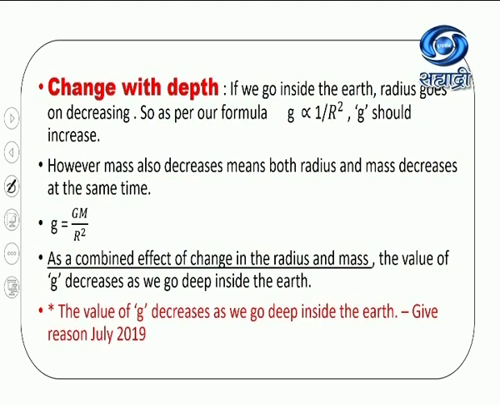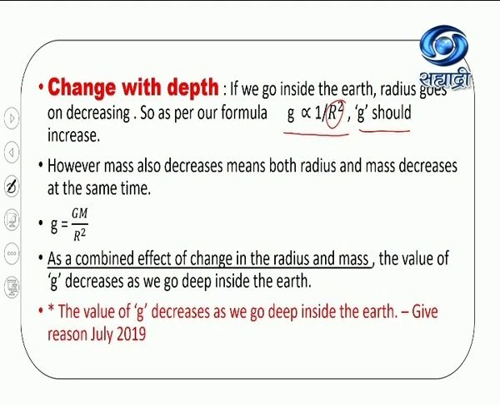Now, change with the depth. If we go inside the Earth, the radius goes on decreasing. So as per our formula, g is directly proportional to 1 upon R square, meaning inversely proportional to the square of the radius. So the value of g should increase.